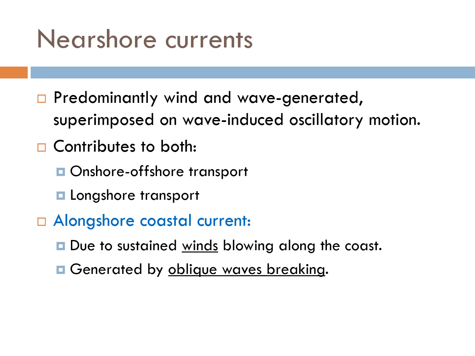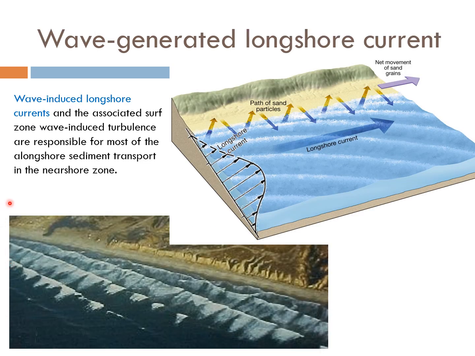Specifically for longshore transport, they are affected by the alongshore coastal current, which may be generated due to sustained wind blowing along the coast, or they are generated by oblique waves breaking near the shoreline. In the figure below here, we see how oblique waves arrive at the shoreline.